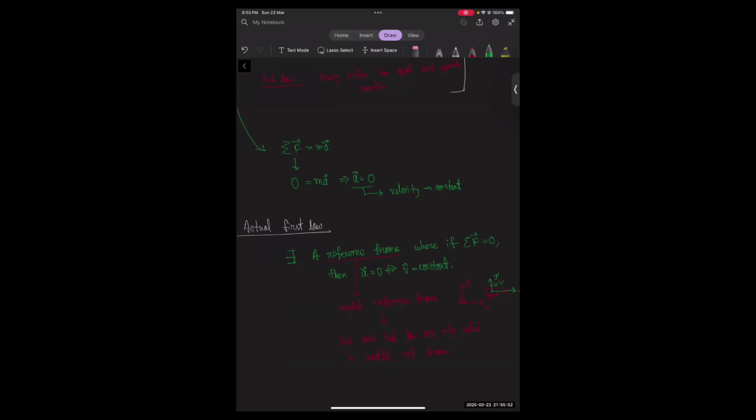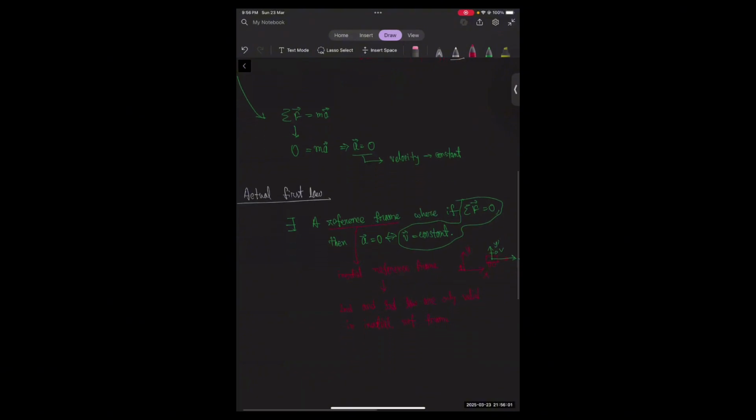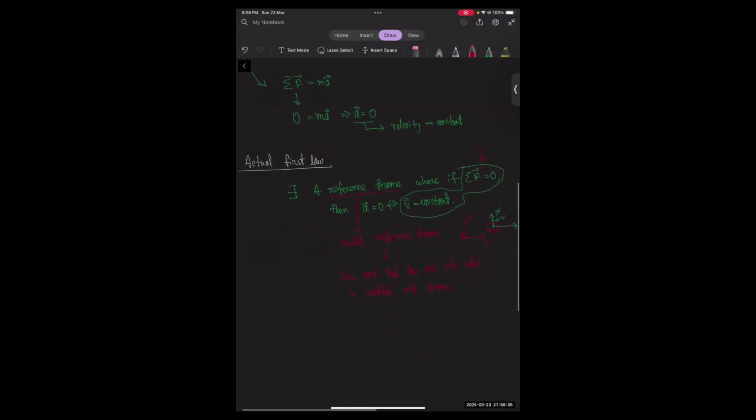But then wait, is this ever false? Because if this is always true, then we can just say, okay, we don't need the first law. But there are actually reference frames where this is not true. Example: frames that are not inertial are called non-inertial reference frames.